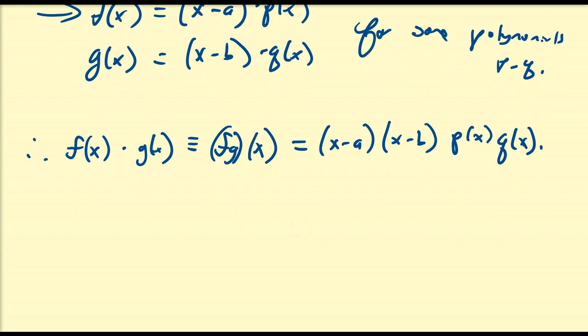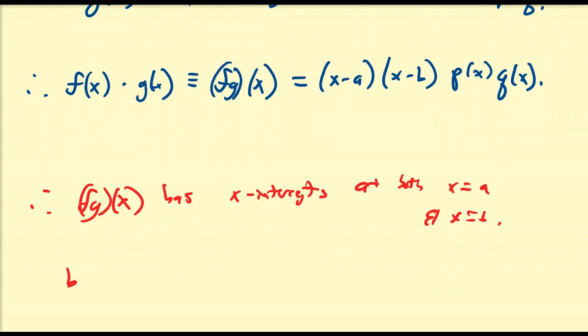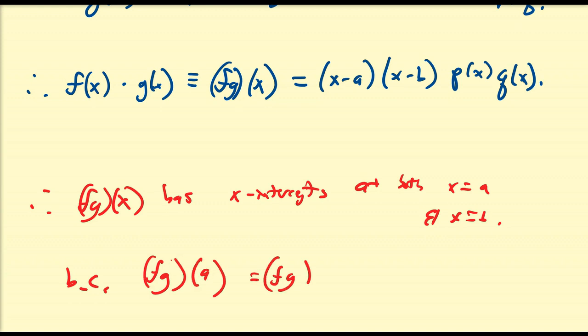From this we can have the following conclusion. The product function fg of x has x-intercepts at both x equals a and x equals b, because fg of a equals fg of b is equal to 0.